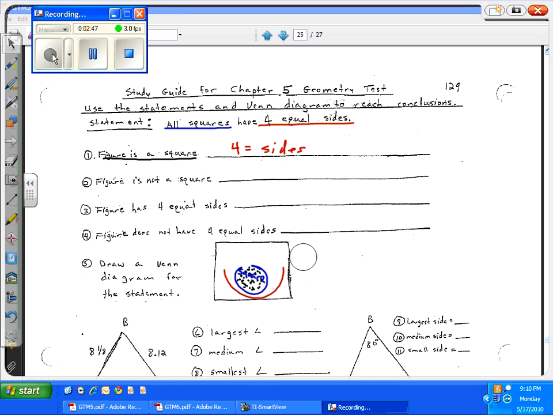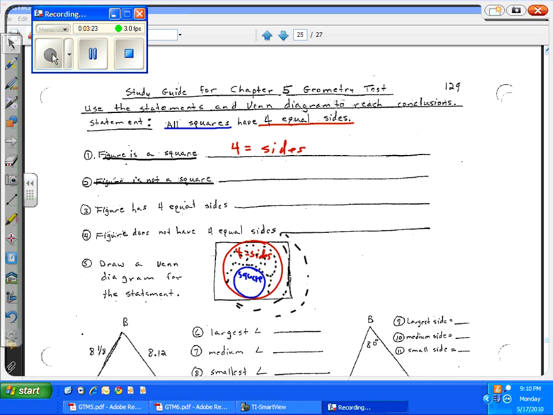Then we would say, well, what if it says not a square? We're going to redraw this: four equal sides, square. It says the figure's not a square. Not a square means it's not in the little circle. If it's not in the little circle, then it could be in the big circle, but it doesn't have to be.